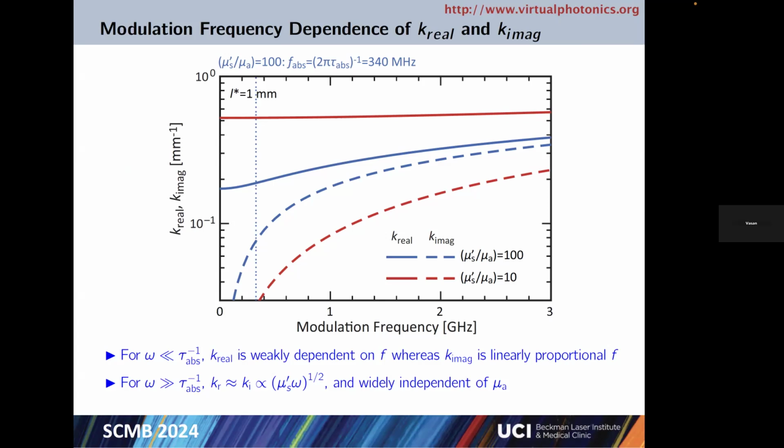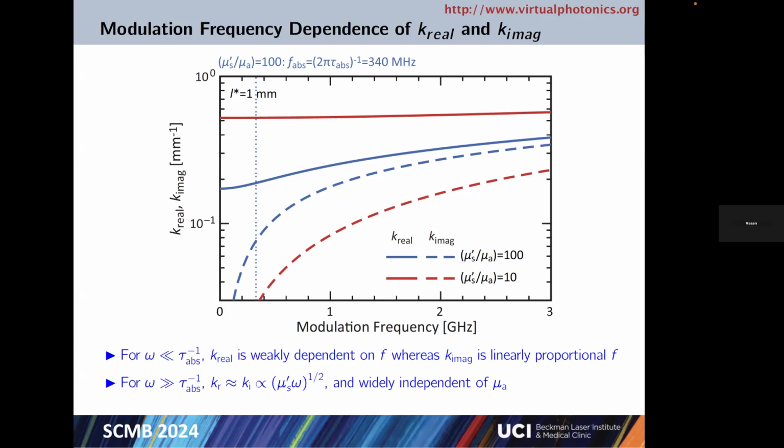So again, for small temporal frequencies, you get weak dependence of the real K vector, whereas the imaginary attenuation is linearly proportional to f. That just has to do with the fact that you accumulate more phase if you double the modulation frequency.